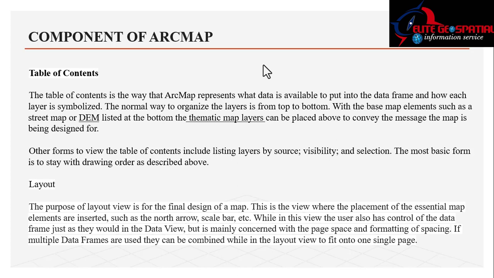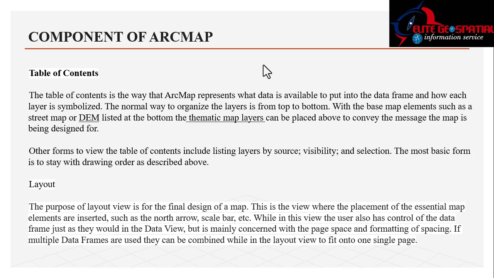Now we're looking at the layout itself, the two ways of viewing maps on ArcMap. We have the data and the layout view. But this layout is the one that has to do with where the maps are being produced, where you put your north arrow, where you're going to put your grid lines, your scale bar, everything that has to do with your map.